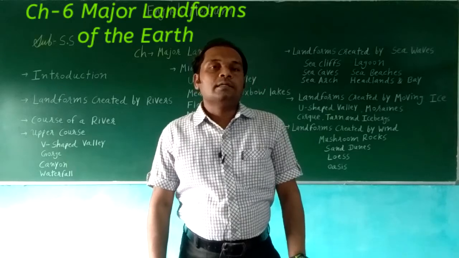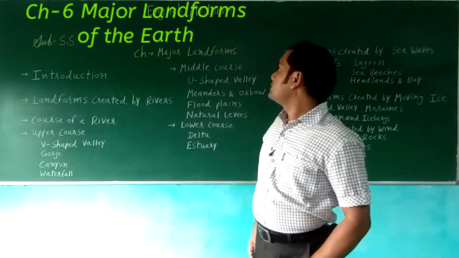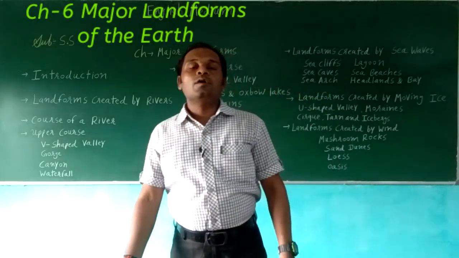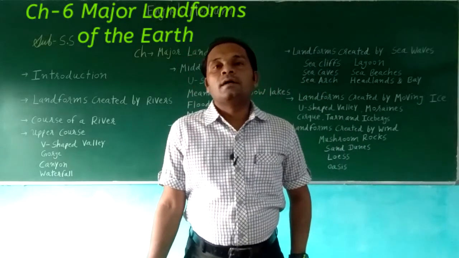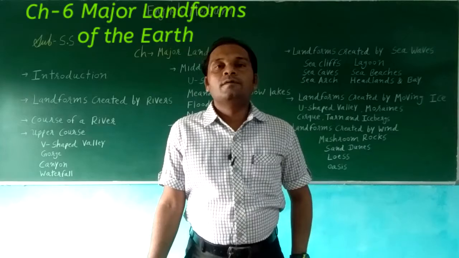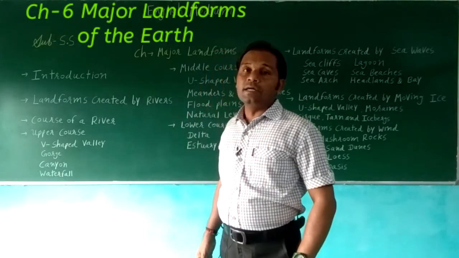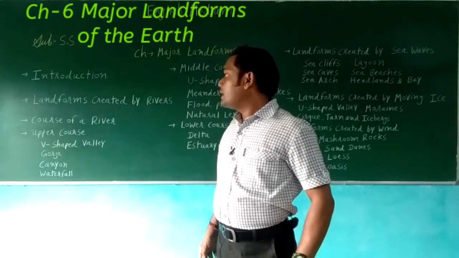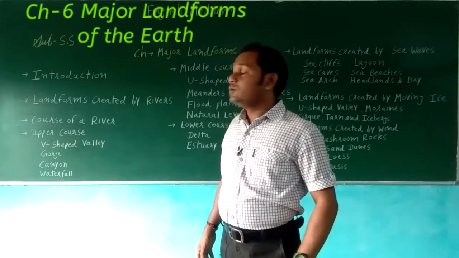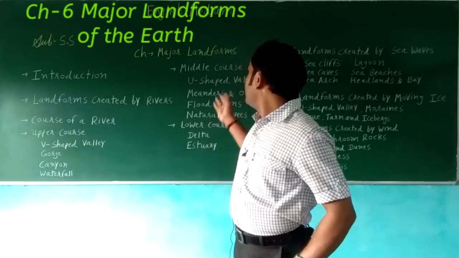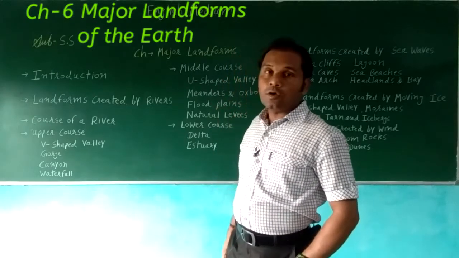Okay, let's see subject SS and chapter measure landforms. In our earlier period, we have seen the landforms created by the rivers. We have already seen the course of the river, that is the upper course, middle course, and lower course.